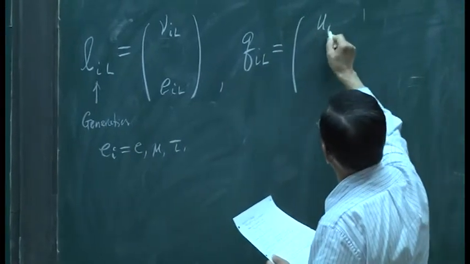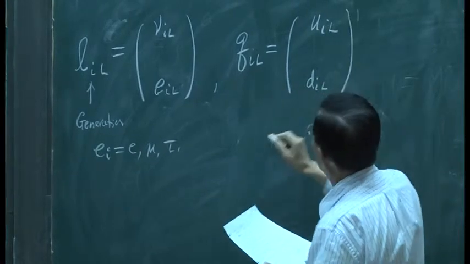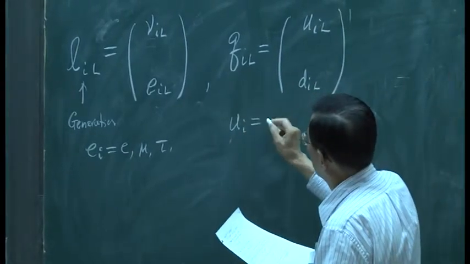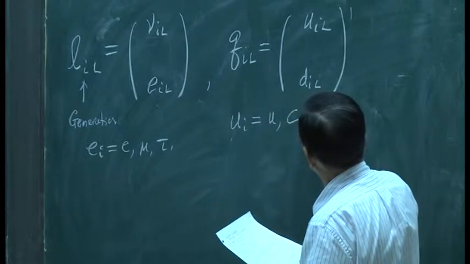I have a U_IL and a D_IL, and U_I means up, charm, and top.